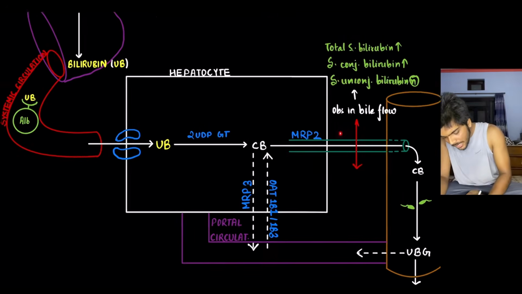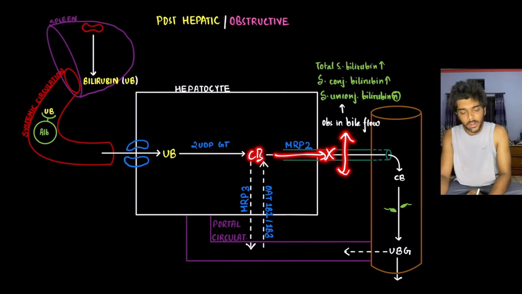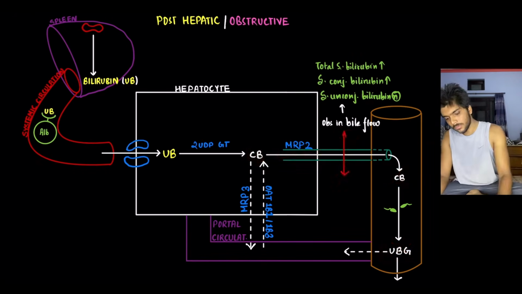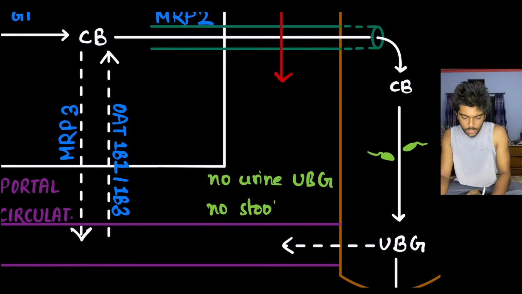See, there is obstruction in the bile flow. So the conjugated bilirubin from the hepatocyte will not enter the duodenum. So there is no conjugated bilirubin in the duodenum. So there is no urobilinogen in the duodenum. So there is no urobilinogen in urine, and there is no stercobilinogen in stool.